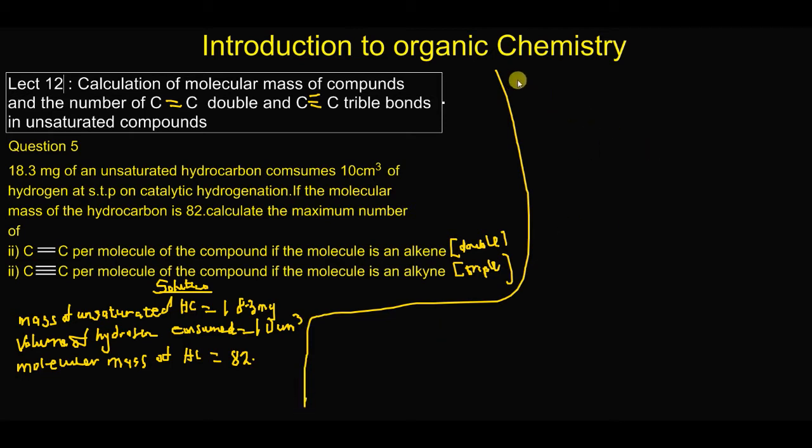First, let's calculate the volume. Any calculation will work. Let's calculate the volume, or let's calculate the mole. In chemical reactions, it's mole that is normally consumed. So let's calculate the mole of hydrogen gas consumed.